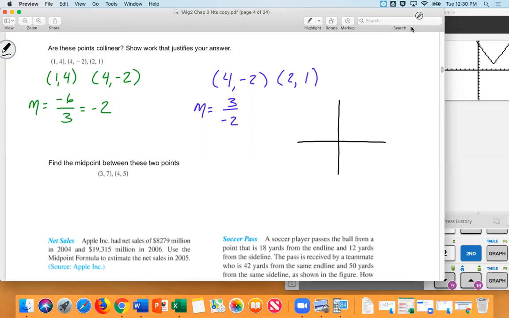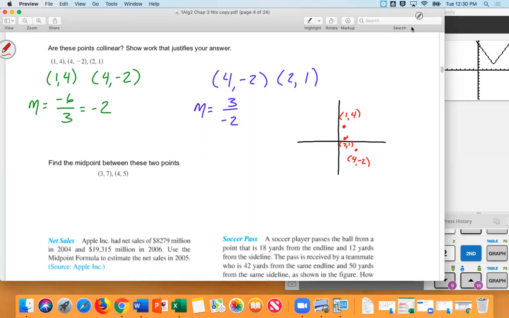No artist, all right? But (1, 4) looks to be about there. That's point (1, 4). (4, -2) looks to be about there. And (2, 1) looks to be about somewhere in there, right?